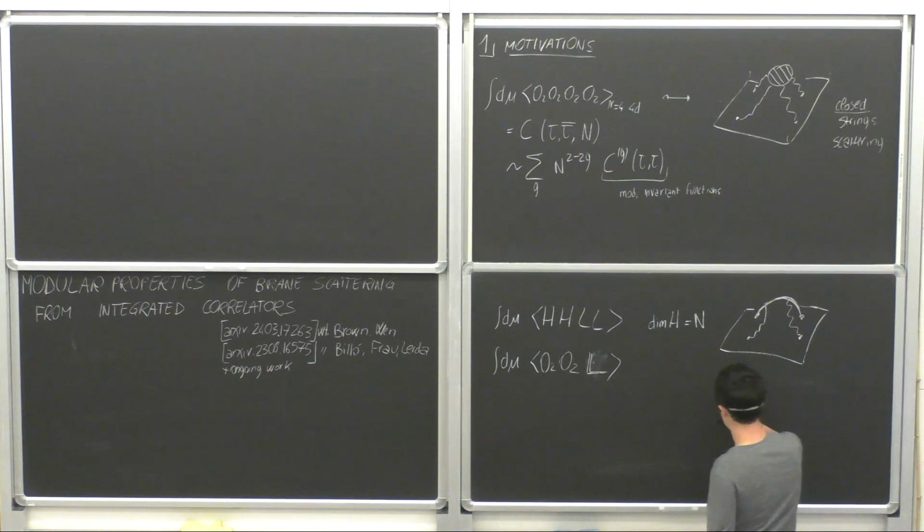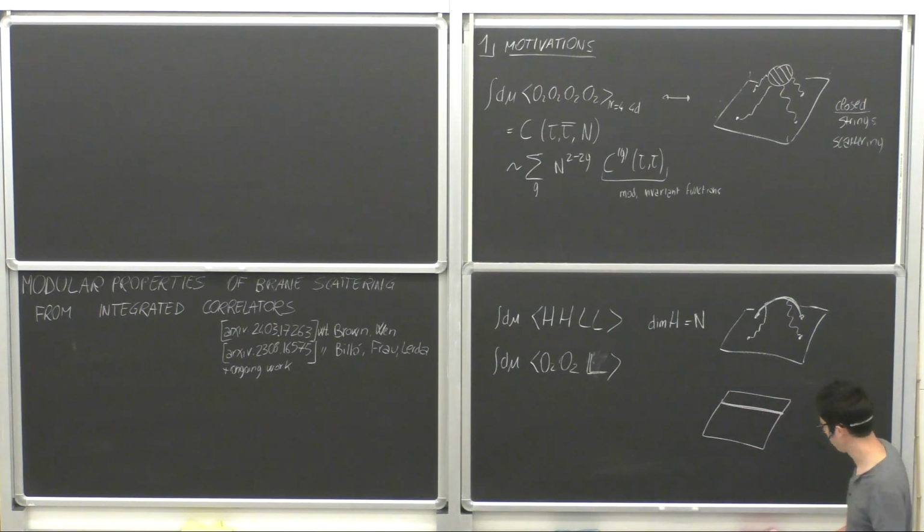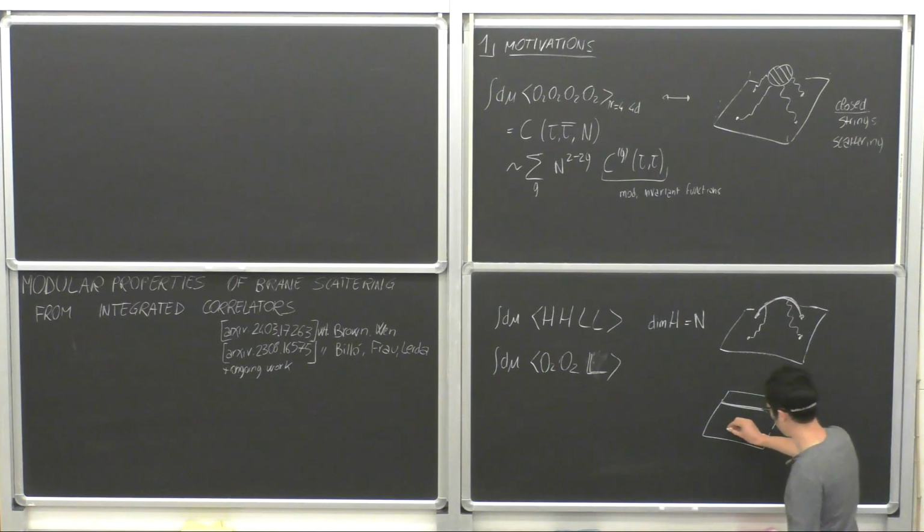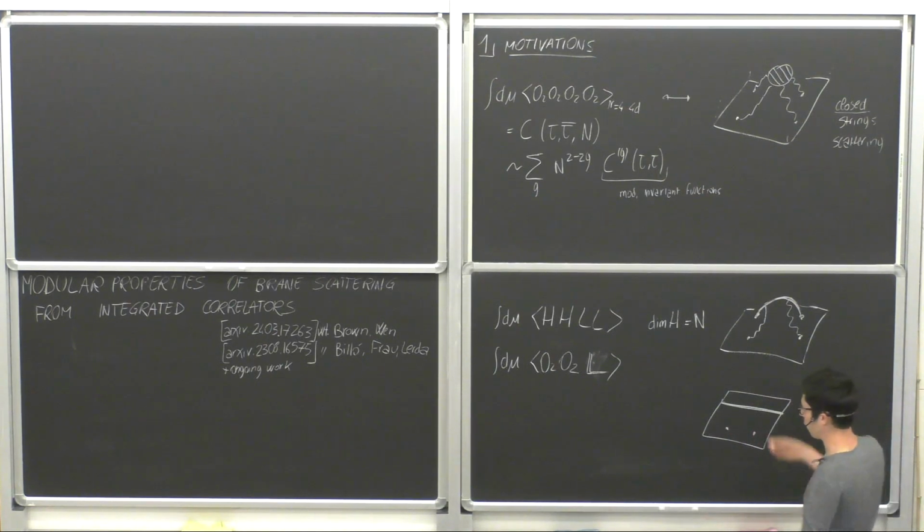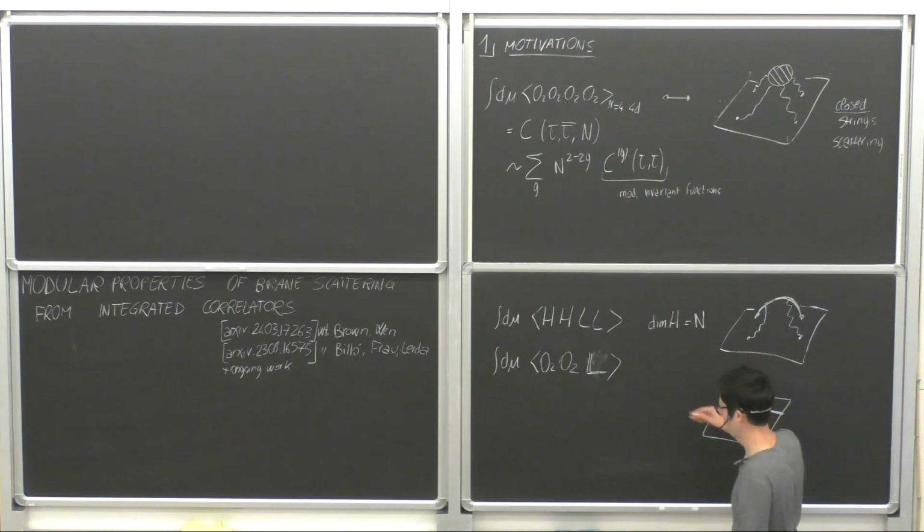And the picture in the dual side will be something like this. We are inserting an extended object, a line object, in the CFT side. We have 2 additional insertion points. This is the equivalent in presence of a defect of this 4-point function.